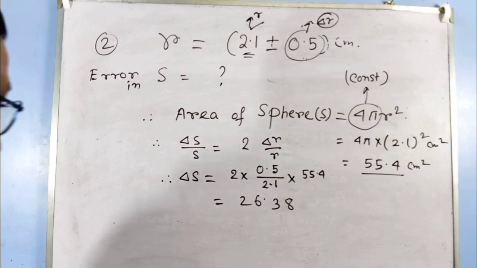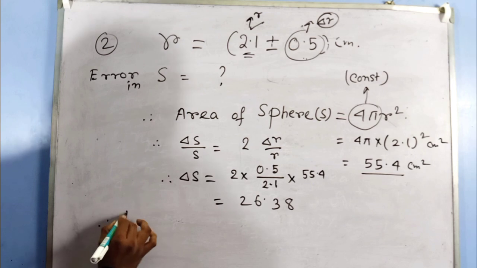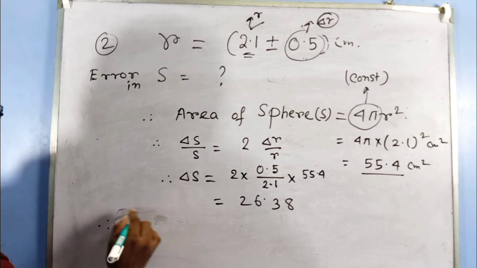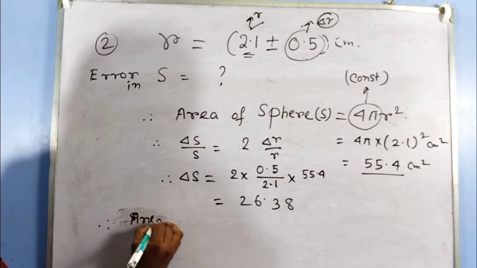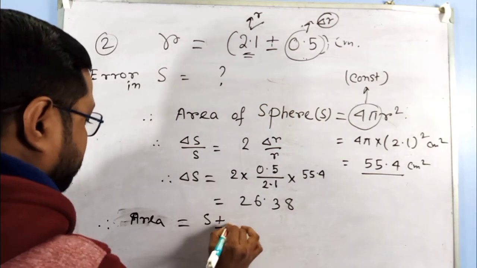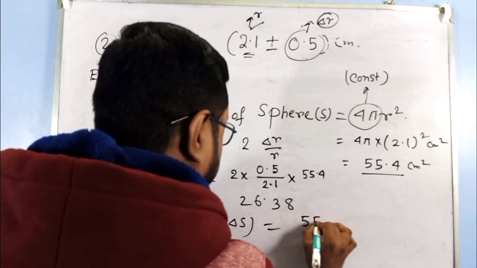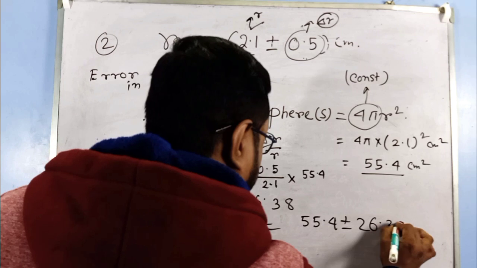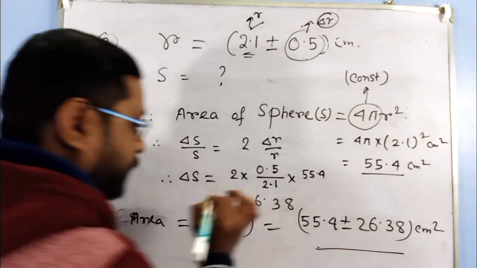Okay. Therefore, the surface area with error limits is S plus minus delta S, whose value is 55.4 plus minus 26.38 cm square.